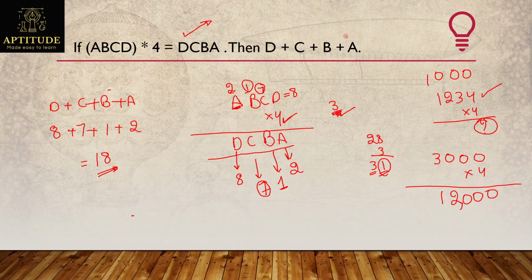So this is a very tricky question. The only one thing we need to do, we need to get a simple logic. A 4 digit number multiplied with 4 means obviously my 4 digit number should be less than 3000. It should be in the 2000s only. So by that concept, starting with A, we can fill all the values just by using simple concepts.